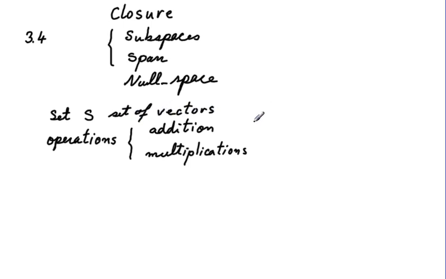It could have been a set of anything, but in linear algebra we are interested in vectors. Operations that we are considering, this is additions of two vectors. The multiplication that we have, of course, is a scalar multiplication.